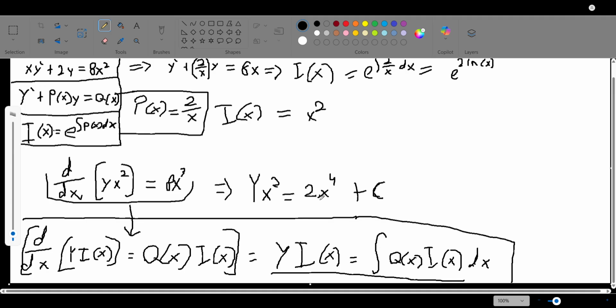Now we want to isolate y to find our general solution to this equation. To isolate y, we just divide both sides by x squared.